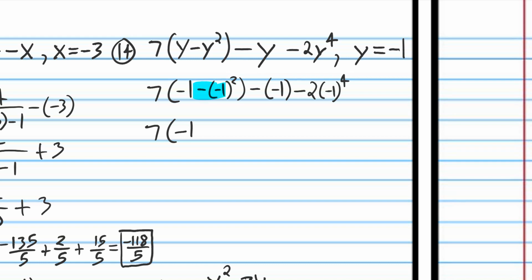Then we can combine it with the negative if we still have a negative. So negative 1 to the second power is positive 1. And then this is definitely a double negative, so that becomes positive 1. And negative 1 to the fourth power, that's positive 1. And so we're done with the powers.